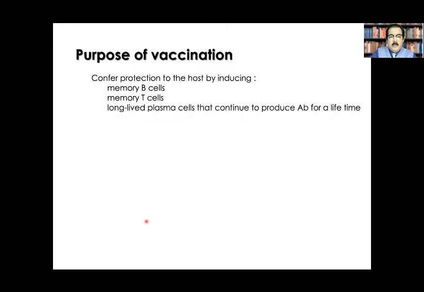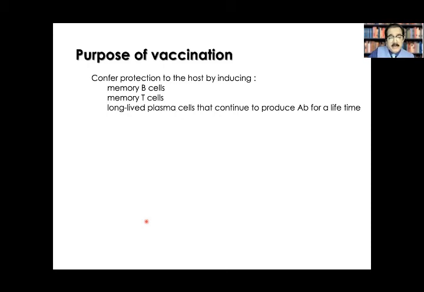Okay, so what is the purpose of vaccination? It does three things. One, it induces memory B cells so that you have an army of cells that can recognize the pathogen that you've seen before. You have memory T cells, CD4 and CD8 T cells, that can recognize previous insults. And also you have helper T cells that will help memory B cells to give you a profound immune response when the antigen comes the second time.